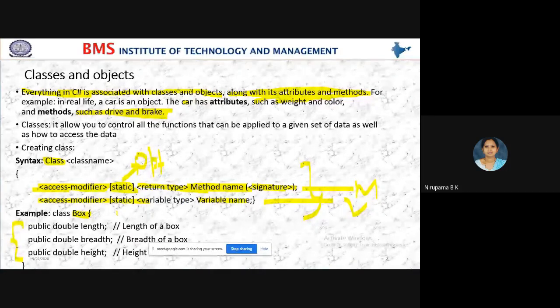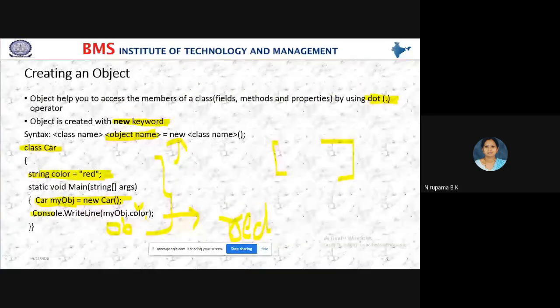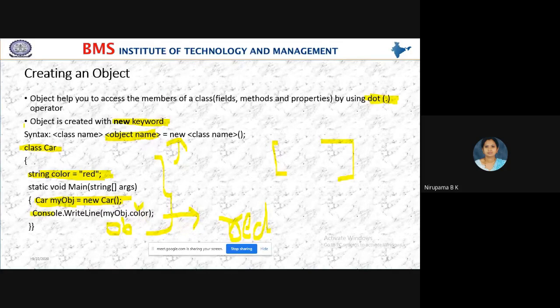And in lab also I have shown the execution of the class and object, and how to create an object also. The syntax to create an object is class name, object name is equal to new class name.